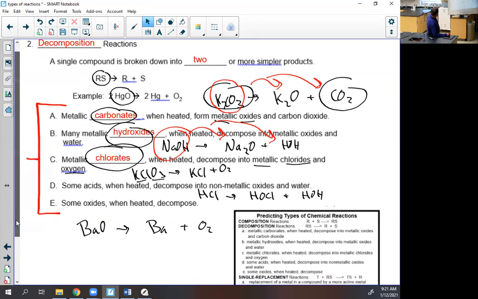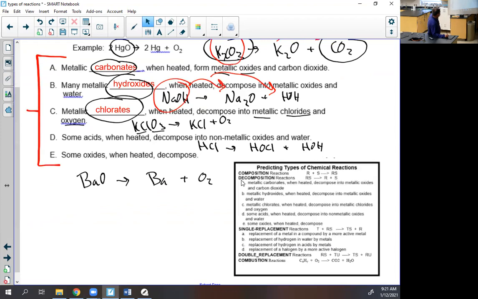If you look down on the thing that's on your naming schemata, decomposition, one reactant, two products. If you read it as a sentence, a metallic carbonate when heated, there's your one reactant, here's your two products, oxides, carbon dioxides. C is what we did, a metallic chlorate. When heated, decomposes into two products, metallic chloride and oxygen.